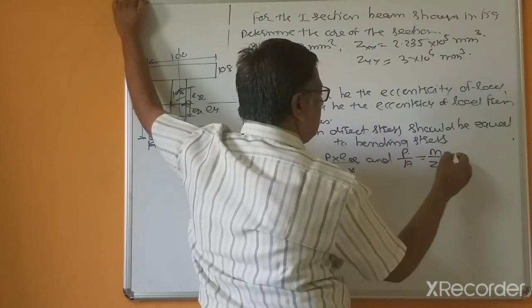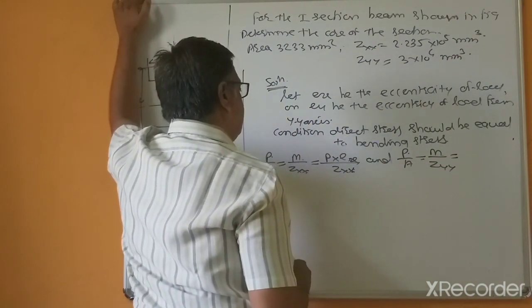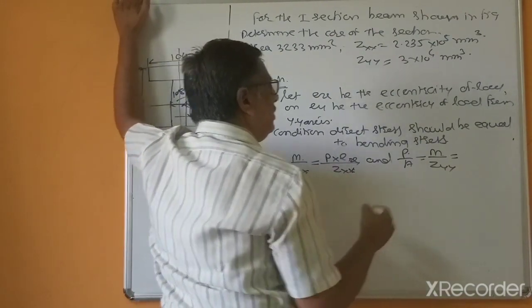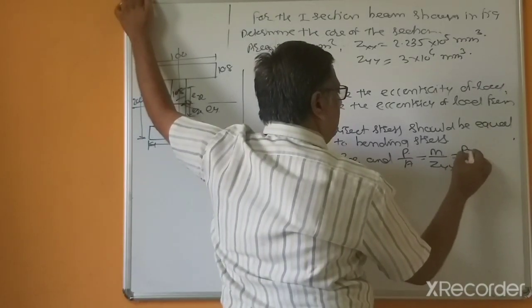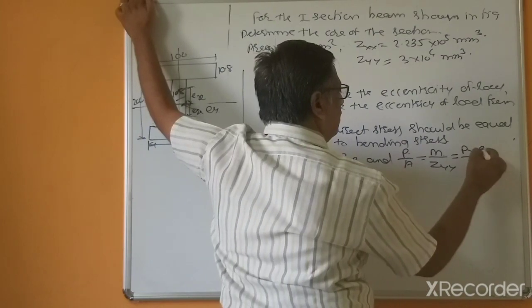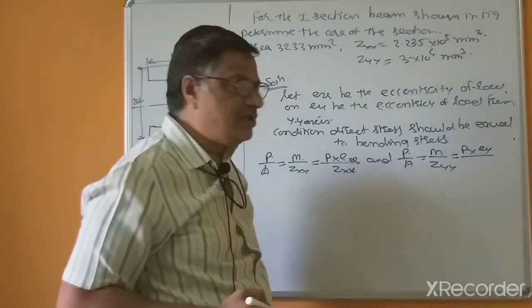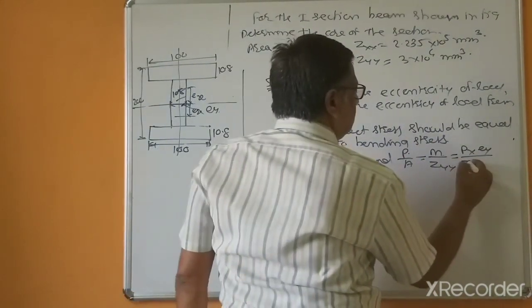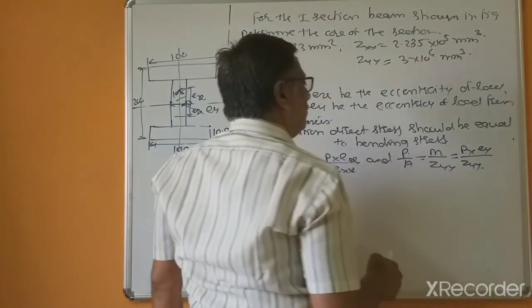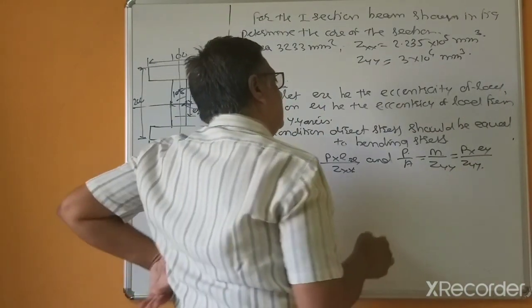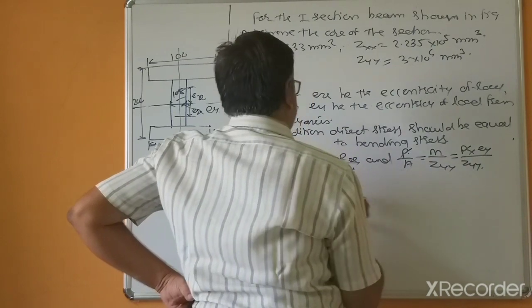This is section modulus. That's why M equal to P into Ey. This is given. That's why this P will get cancelled.